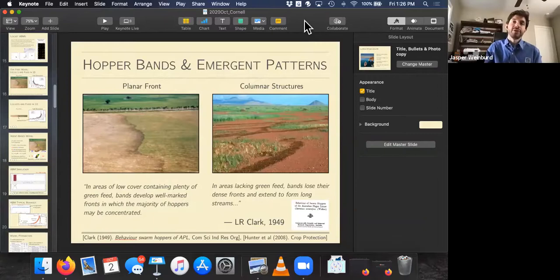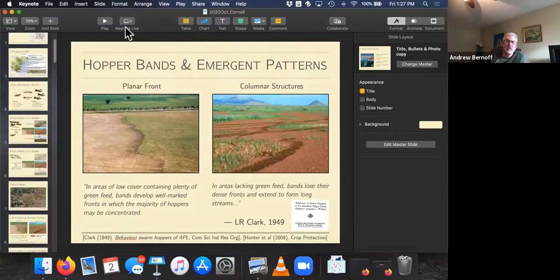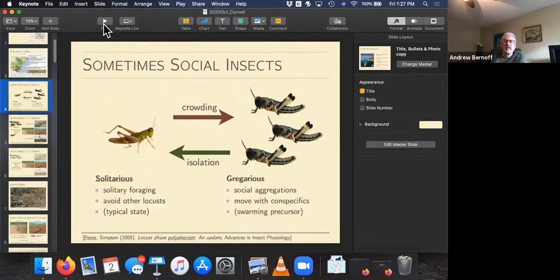Feel free to chime in, Andy. The question that a lot of evolutionary biologists are looking at is that this gregarization behavior among locusts has evolved something like 7 independent times on multiple continents. So there's got to be an evolutionary advantage.